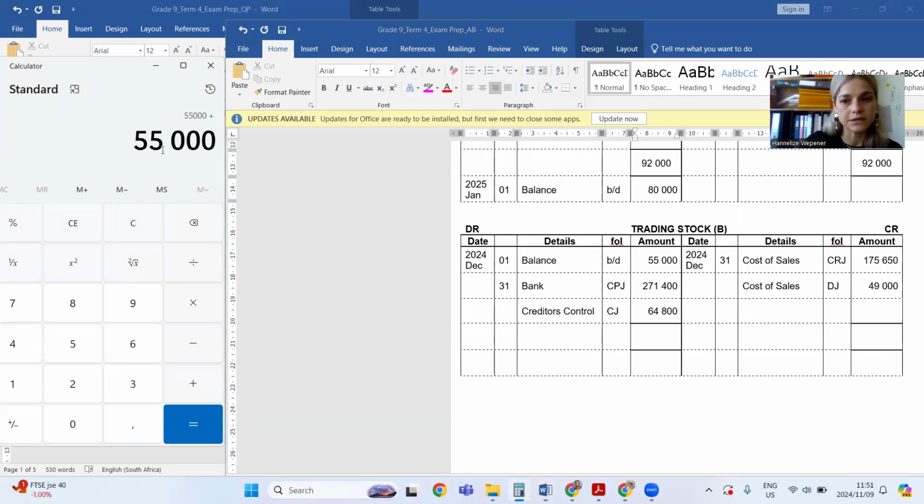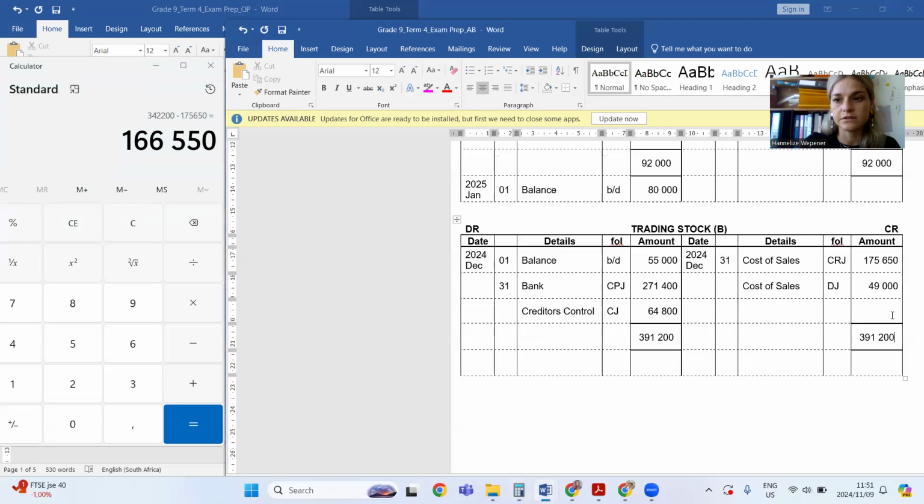Okay, righto. Same with trading stock. Still, the debit side is the bigger one, so I'm going to add everything. Write the total there, and on the other side, so both sides get the same total. Subtract everything on the smaller side.